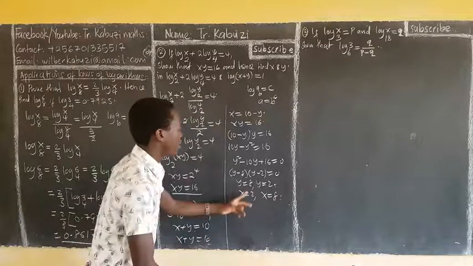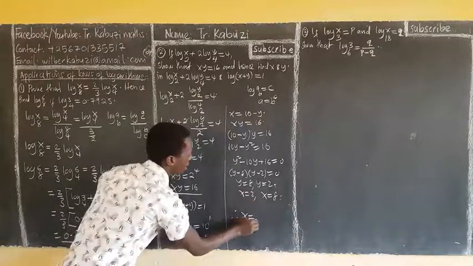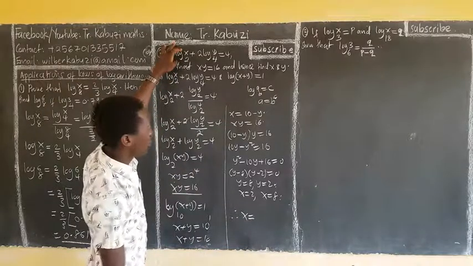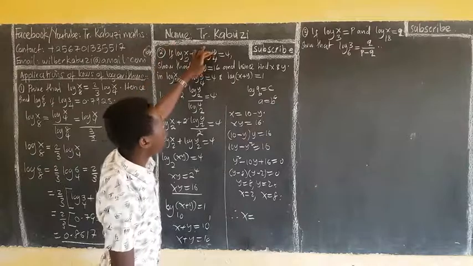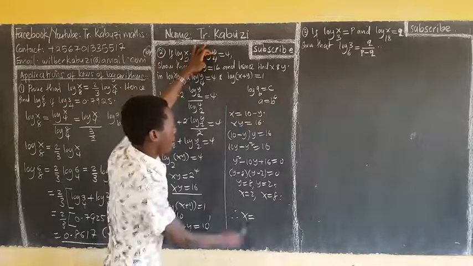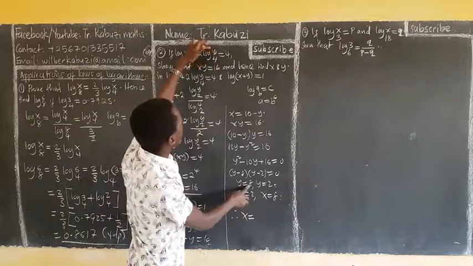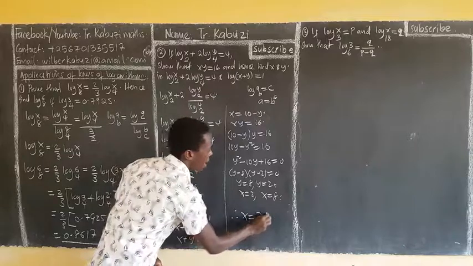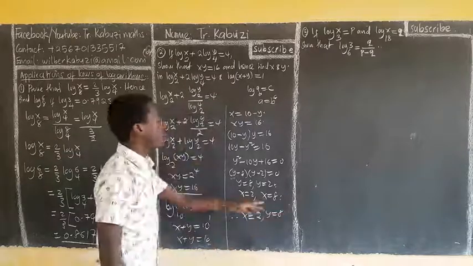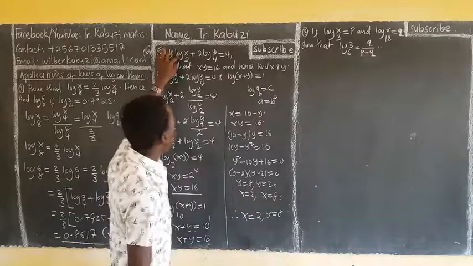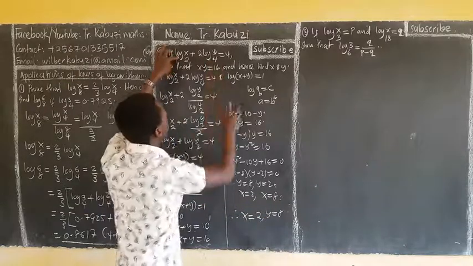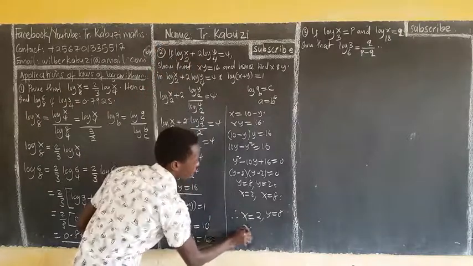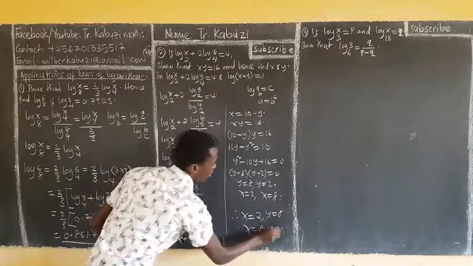So if I choose one pair, therefore my x is 2, and then my y will be 8. You can test for this, and take this as 2, it's also the same. So also your x can be 8, and y is 2.